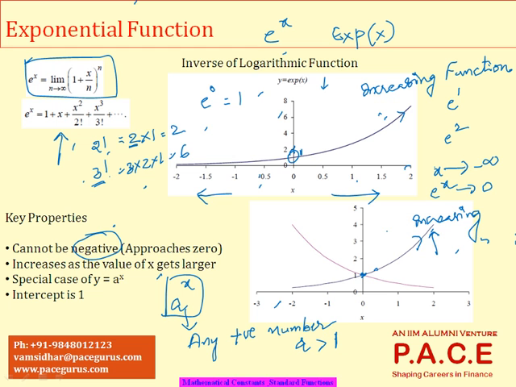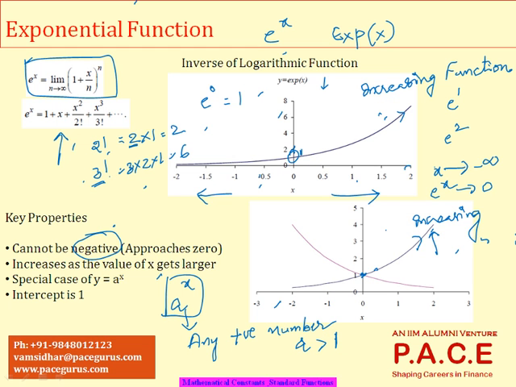But otherwise, any general function of the form a to the power of x, where a is a constant greater than 1, the graph will be more or less similar to that of e to the power of x, in the sense it's an increasing function.